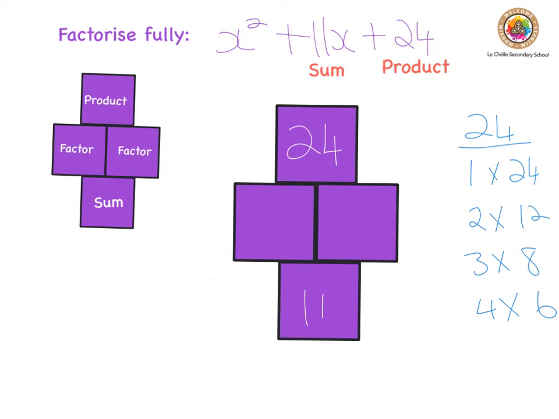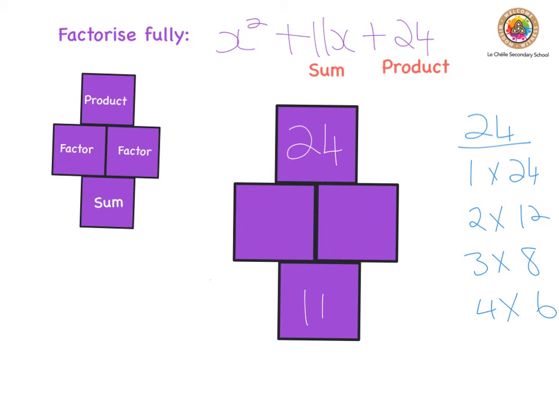Now, I'm going to have a look at these sets of factors, and see which ones of those, if I add together or subtract from each other, depending on signs, but we'll come back to that in a moment, would add together to give me the sum, to give me 11, what I'm looking for here? Well, 1 and 24, no, that gives me 25. 2 and 12, no, that gives me 14. 3 and 8, that gives me 11.